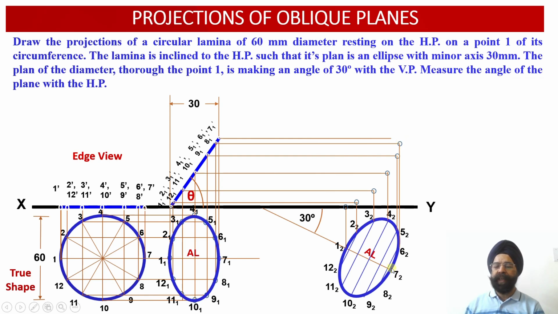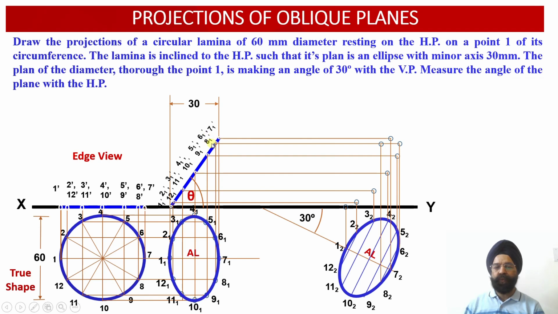Now this is the point 7 over here. From point 7 we have drawn a vertical projector upwards. Wherever it intersects with the horizontal projector drawn through point 7 1 dash, this gives me the location of point 7 2 dash. Then this is point 8. We have drawn a projector upwards.